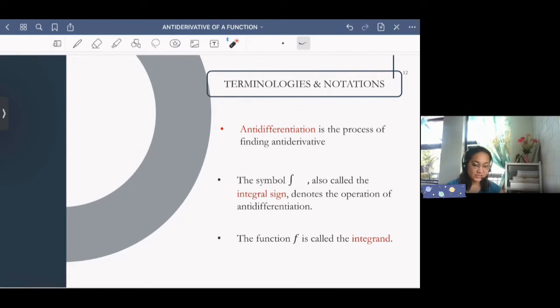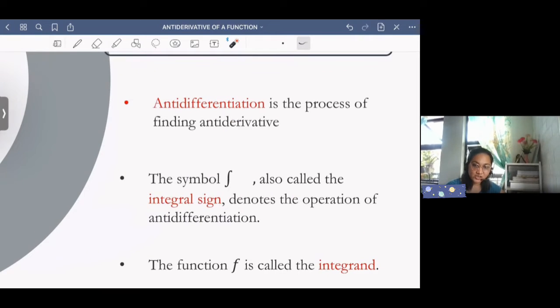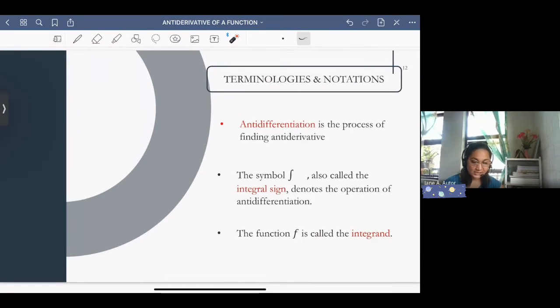This is the process of finding the antiderivative of a function. Second, this symbol, more like an S, we call the integral sign, which denotes the operation of anti-differentiation. Whenever you see a symbol like this, it means we are dealing with anti-differentiation.